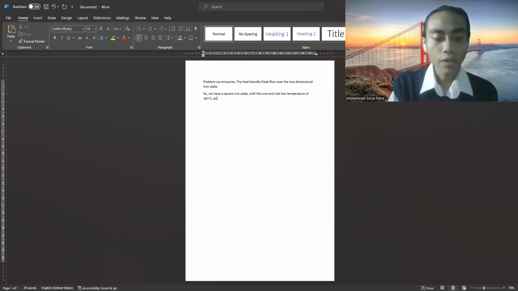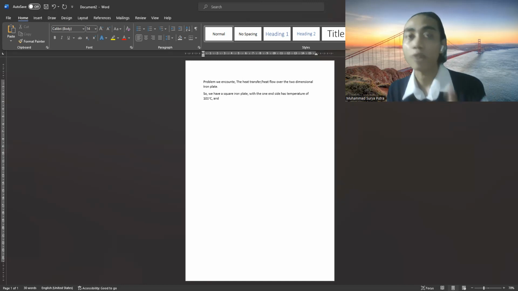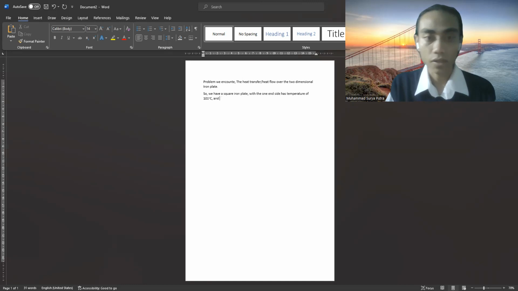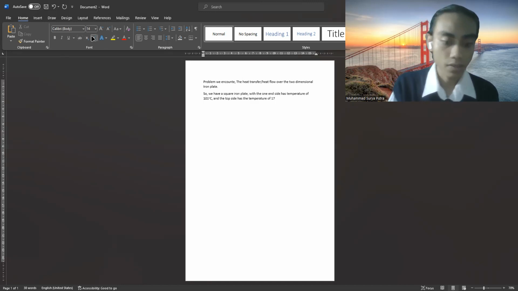And because we generated the random number 17, I'm going to make it the top side of the plate. So the top side has a temperature of 17 degrees.